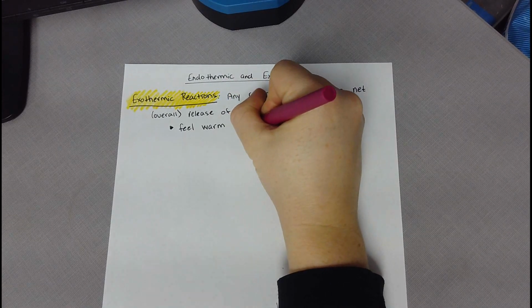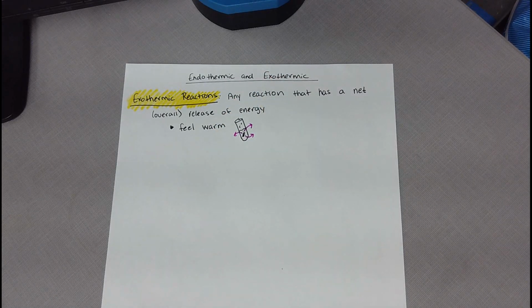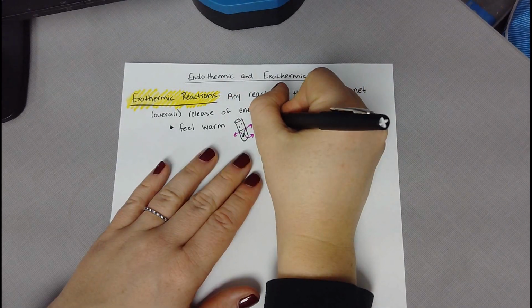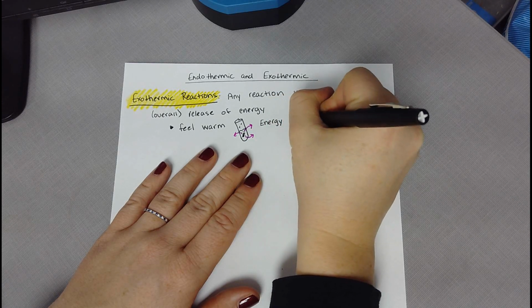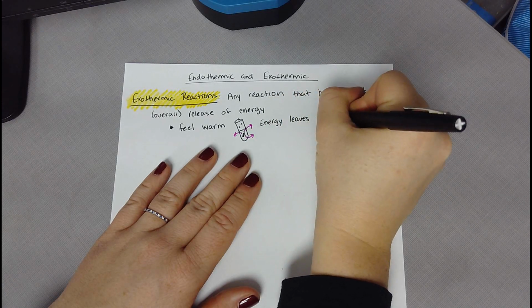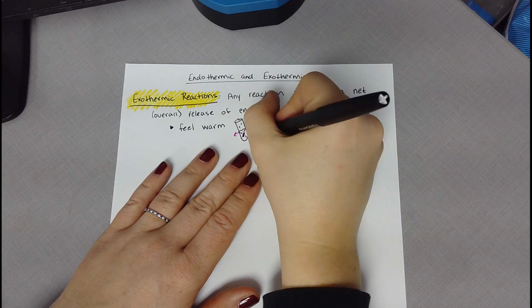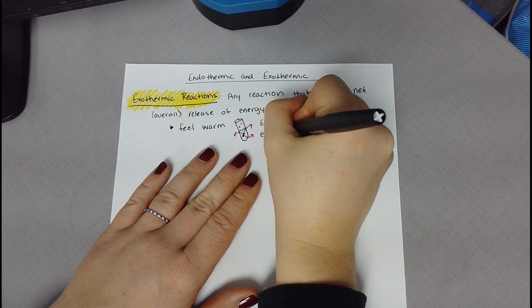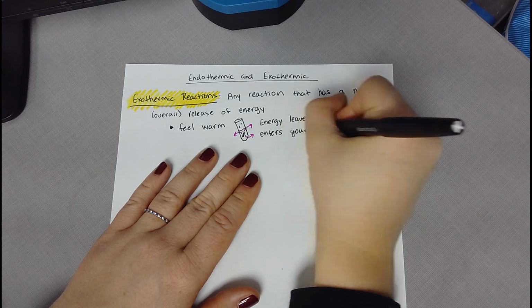As that energy leaves the test tube, it enters your hand, heats your hand up, and what you perceive is warmth. So that energy is leaving the reaction and enters your hand.